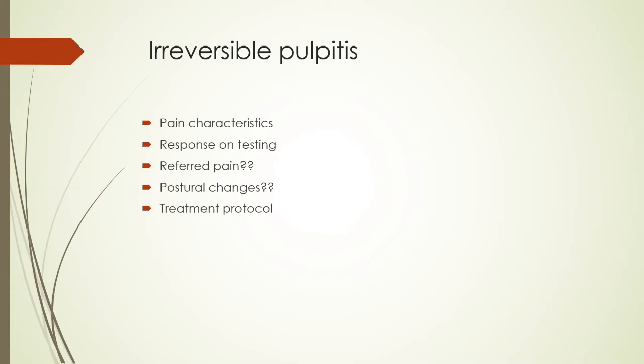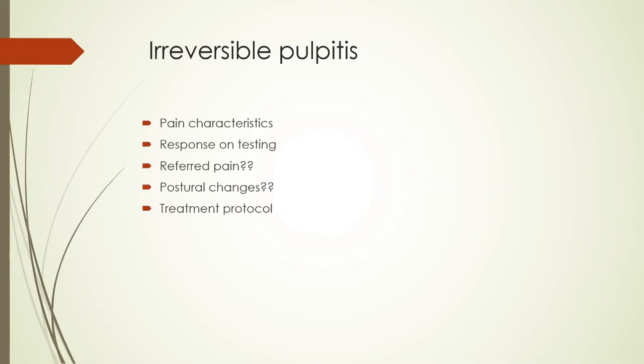And the pain is generally spontaneous, unprovoked pain. Pain is generally referred. When a posterior tooth is involved, the patient generally gives a history like, I have a radiating pain to my ear, temple region or adjacent tooth. Or the patient will say, when I lie down or when I bend, I have severe pain. So the pain gets accentuated by a change in posture.